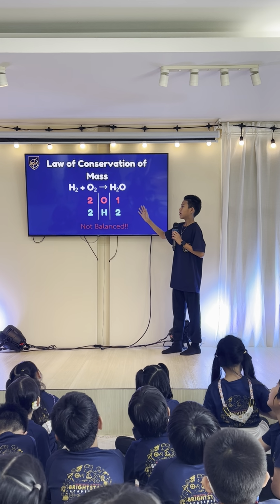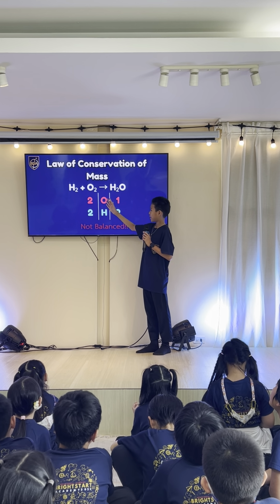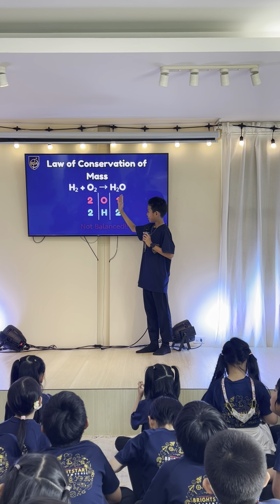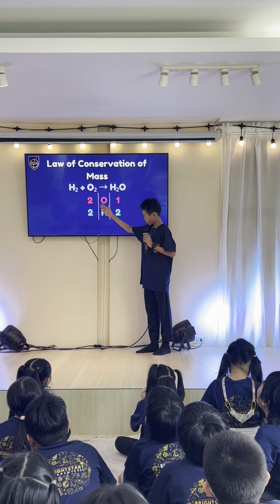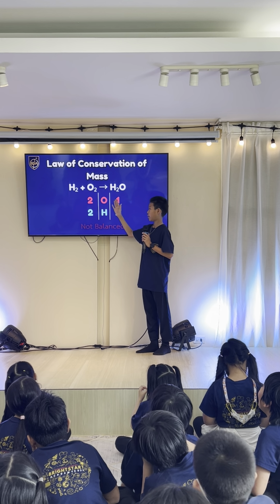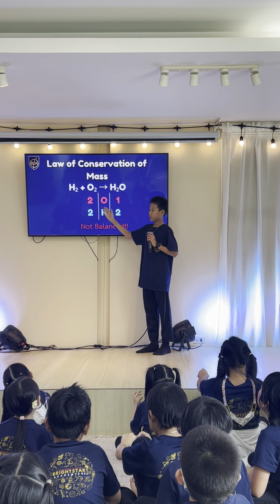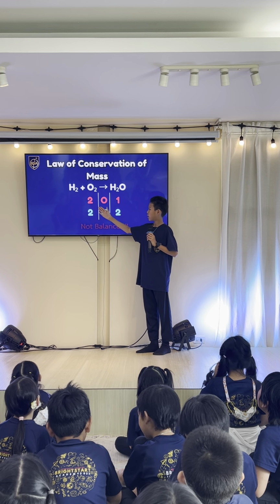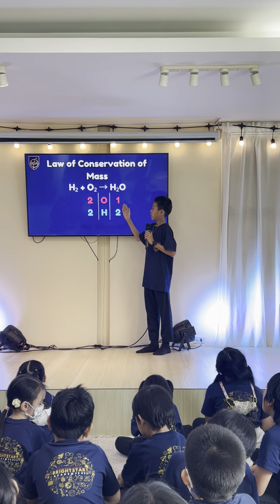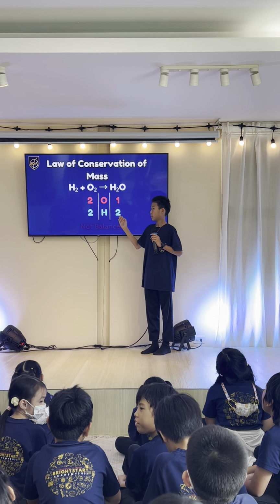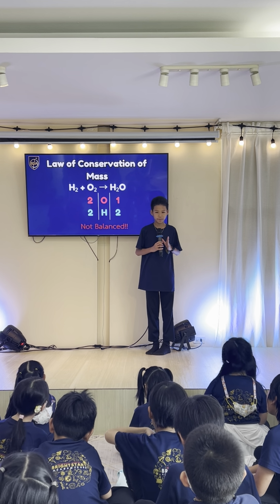We only have to understand better: we have two oxygens here and only 1. On a scale, it will not be balanced because the reactant side will have more than the product side. So it will not be balanced. We need to balance it to make it equal, to obey the law of conservation of mass.